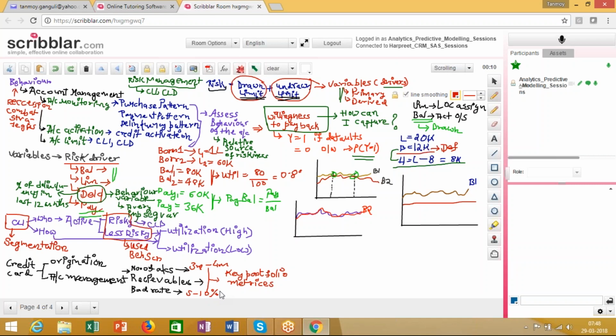So if you have 3 million, 7 to 8% of that is a huge number. And the receivables depend on the limit, right?